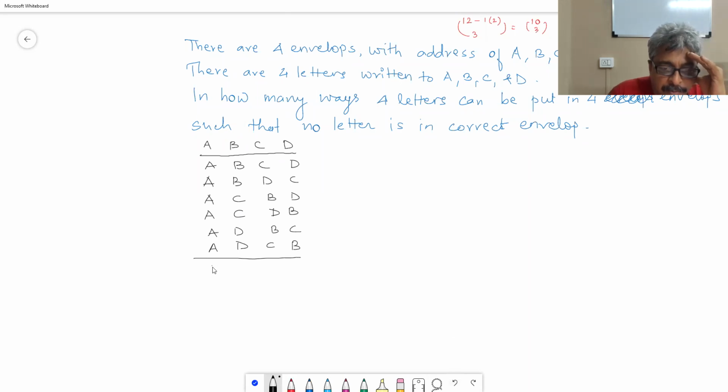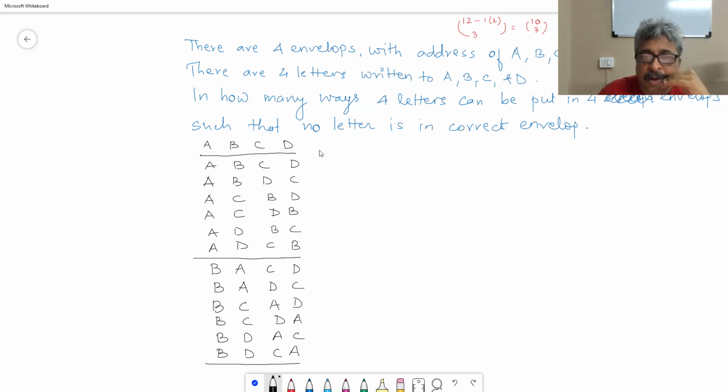Then starting with B: B, A, C, D; B, A, D, C; B, C, A, D; B, C, D, A; B, D, A, C; B, D, C, A. There are 6 more.